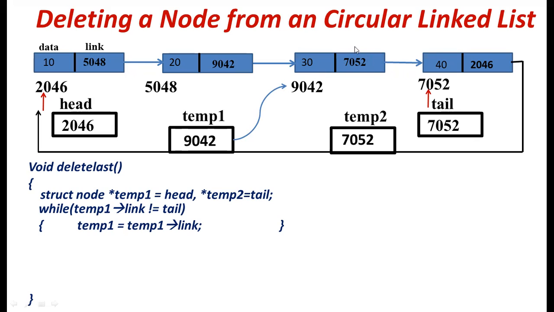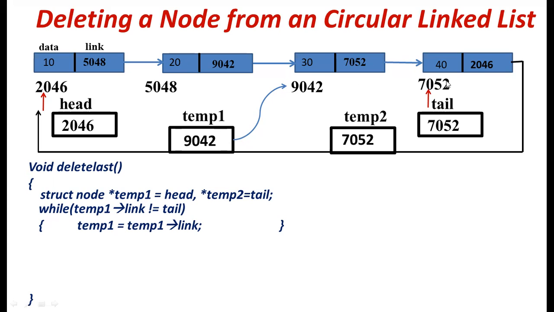Once after moving here, temp1 link is equal to the tail value, so we will not move further, we will stop here. This is the logic we have to use for making the pointer of temp1 point to this particular memory location.